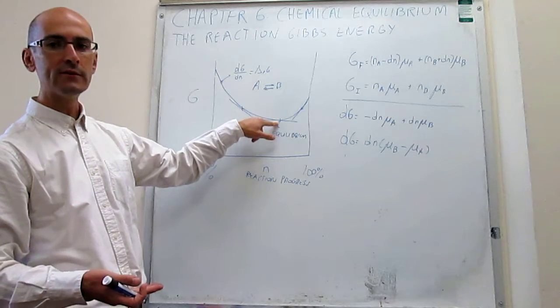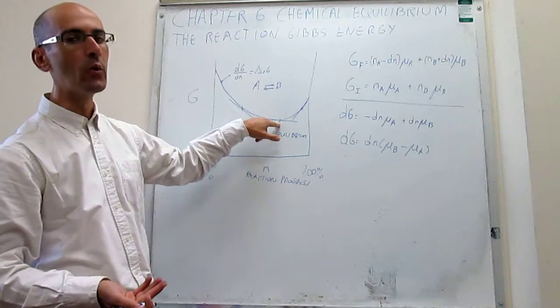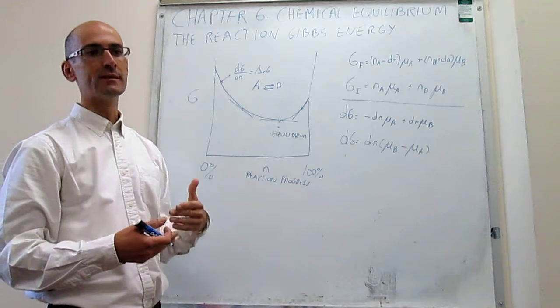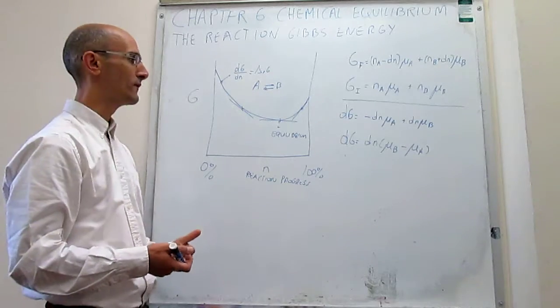Then when you get to about 65-35, you will see that you cannot make it progress anymore. You reach the point of chemical equilibrium, and it's not possible to generate an excess of B beyond 35% with respect to 65% of A.